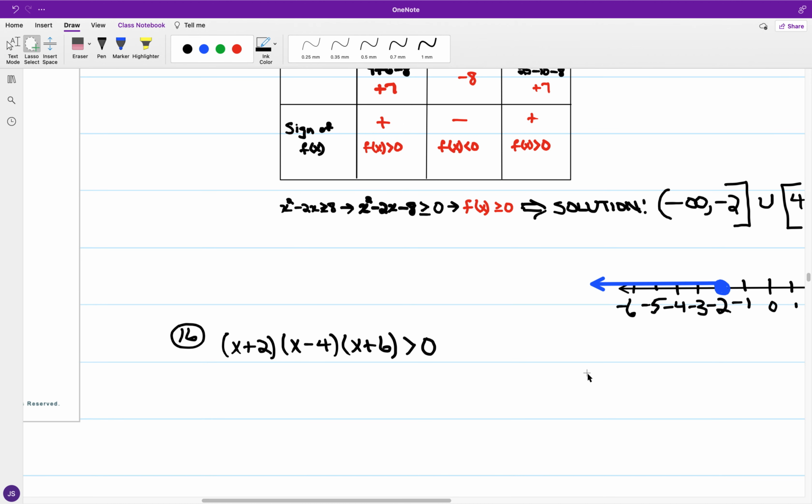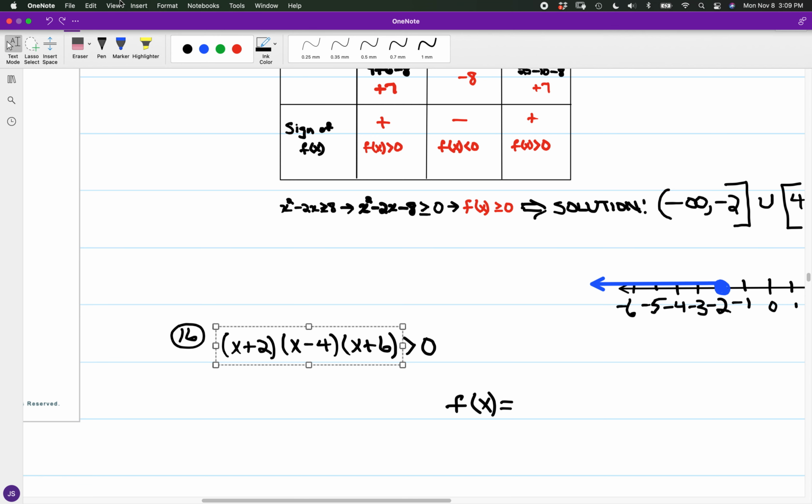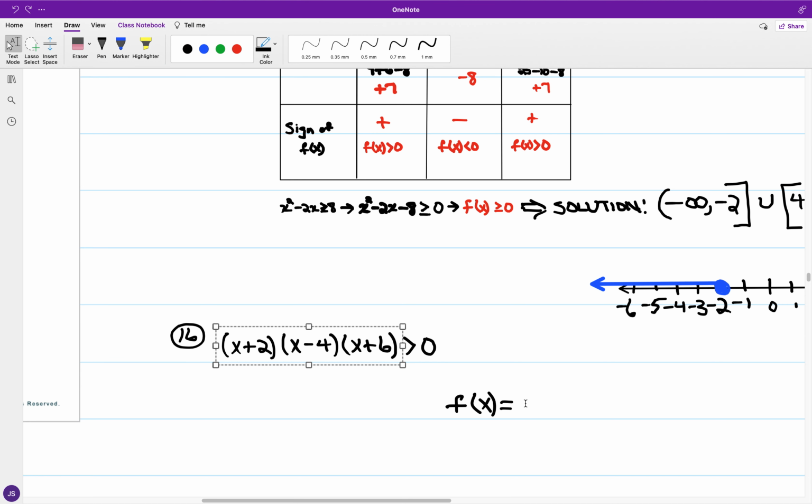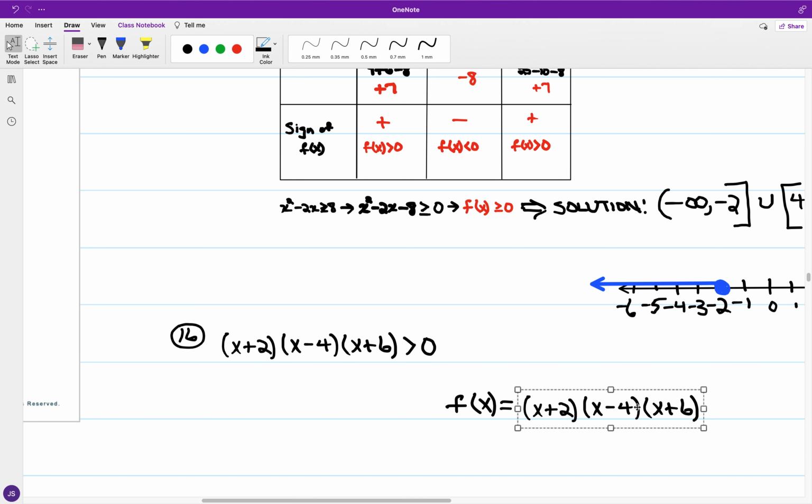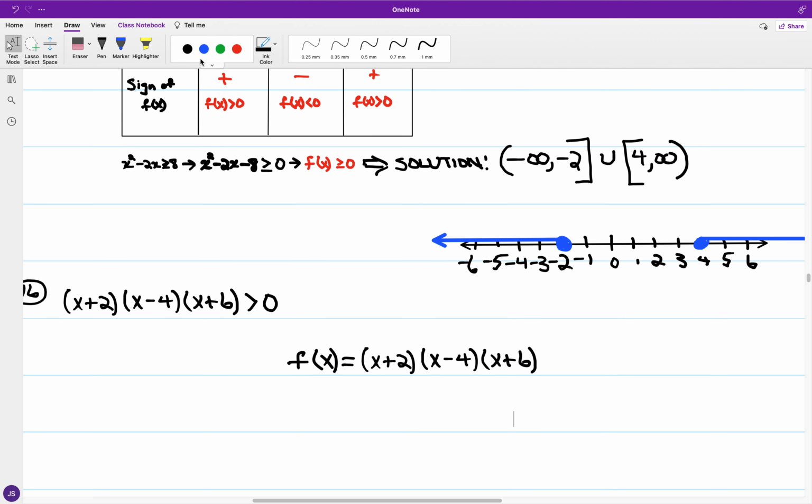Okay, so we've got our inequality. We're just looking at the interval solution. So we have the function in factored form, a trio of binomials.